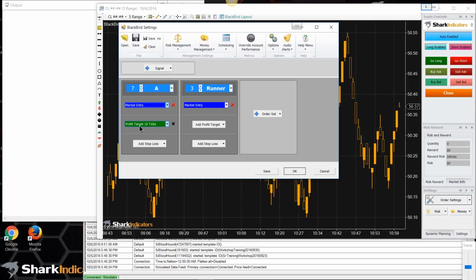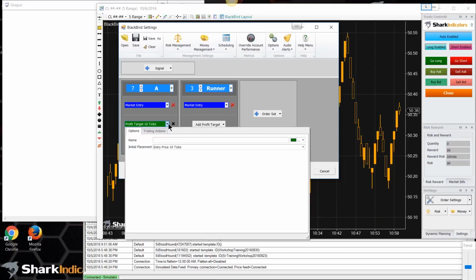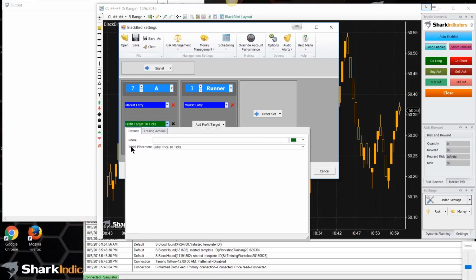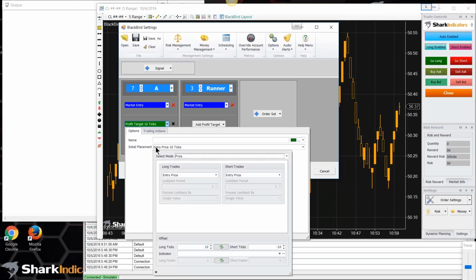If that's the style of profit target you're using, just select 10 ticks, and then you can go into your initial placement, and you can easily adjust this.